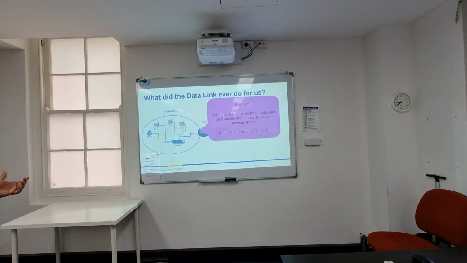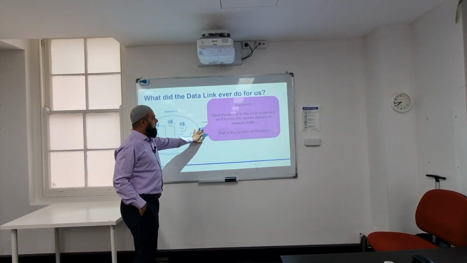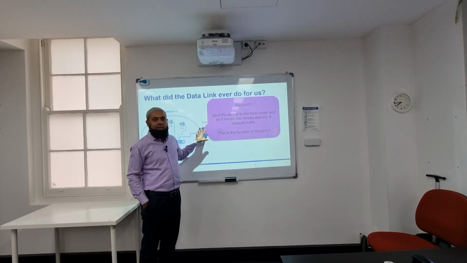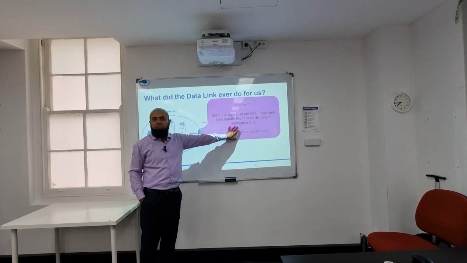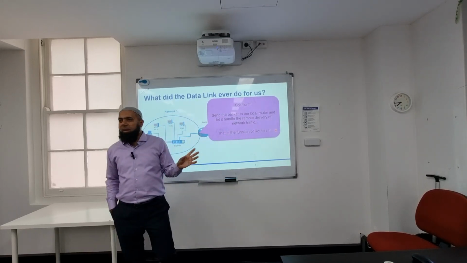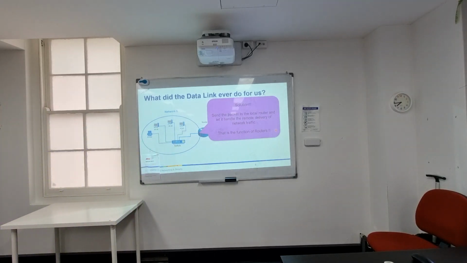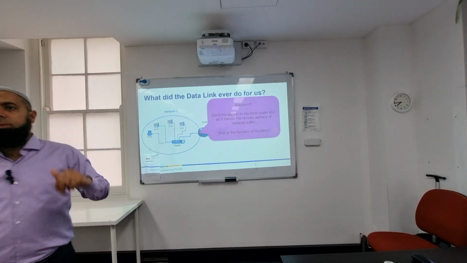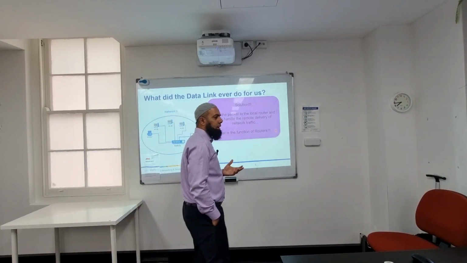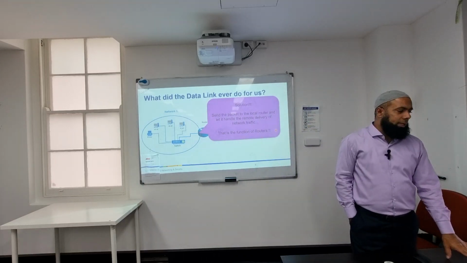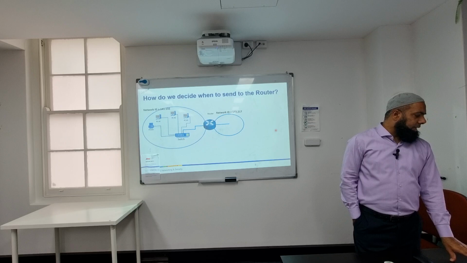So whatever packets come here, send the packet to the local router and let it handle the remote delivery of network traffic. Whatever traffic we have on our local system, including every single machine on our local network, it is the local router's job to pass it on. Clear? That's a very basic understanding of a router.